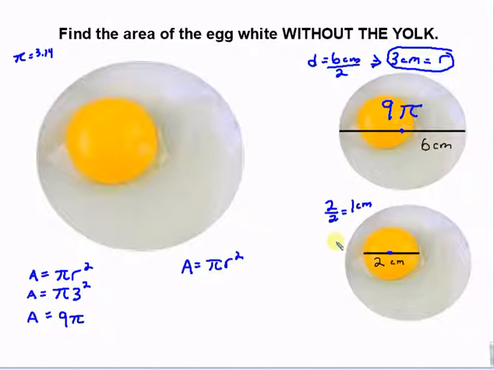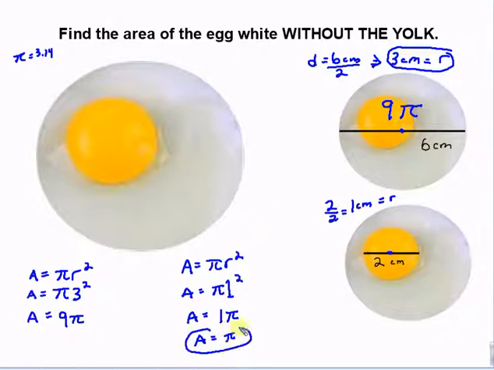So since our radius is 1 centimeter, we're going to replace r with 1 and square it and leave that multiplied by pi. So our formula becomes area equals pi times 1 squared. Well, we know that 1 squared is 1 times 1, which is just 1. So we wind up with 1 pi, and since that's a little clunky to write, we'll just write area is equal to pi.